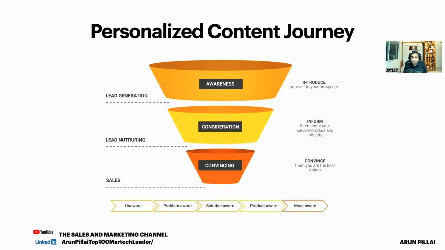Now, creating a personalized content journey, right? As we move further in the program, we're going to have smaller clusters of audience. In this example, let's say your total addressable market is 500,000 people, and we started off breaking them into smaller clusters of about 50,000 lookalike audience.